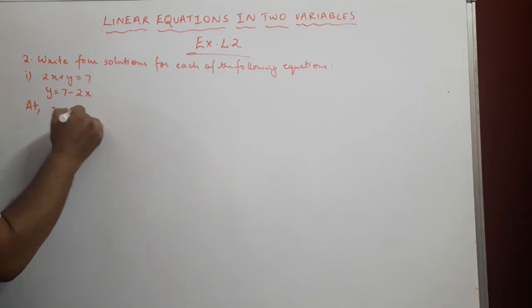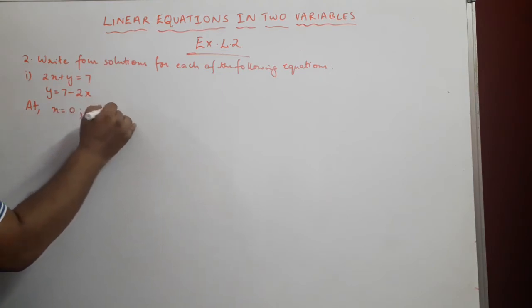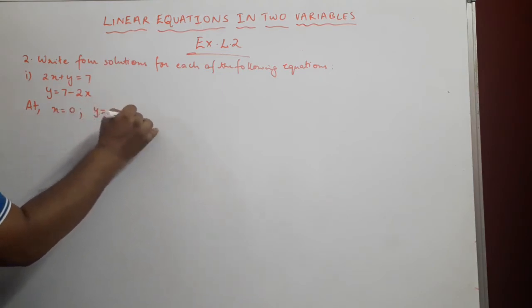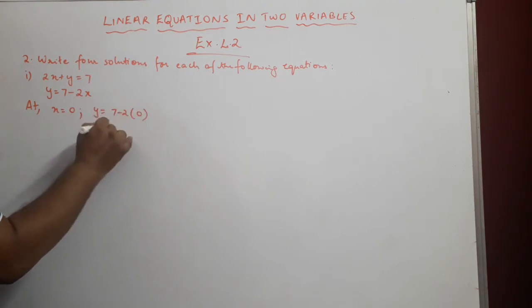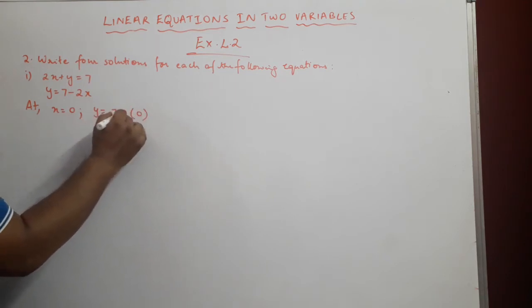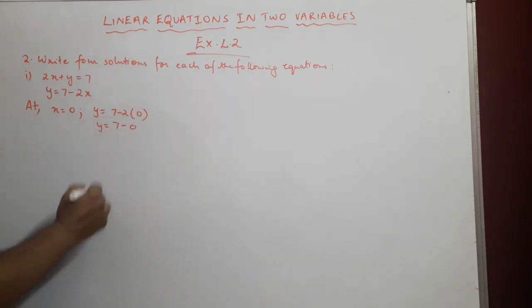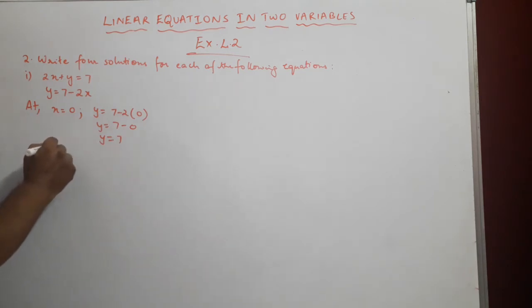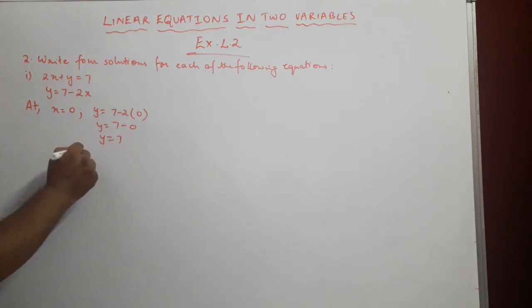So for this we'll get y equal to 7 minus 2. Instead of x we put 0, we get y equal to 7 minus 2 into 0, which gives us 0. So y equal to 7. Next I'll take x equal to 1.